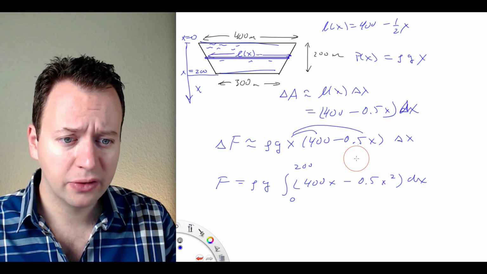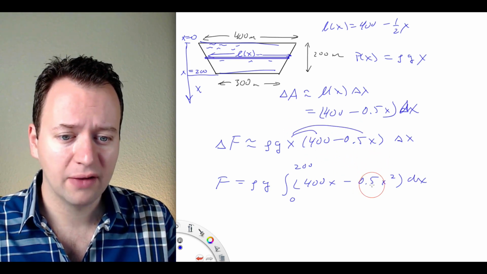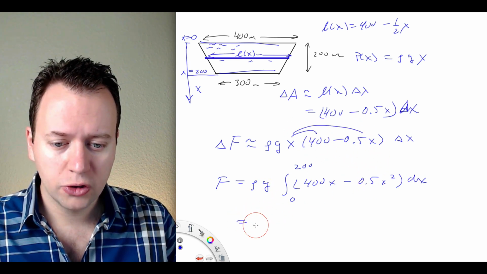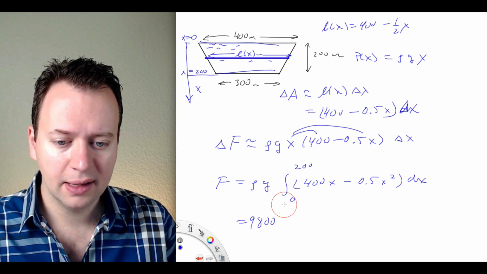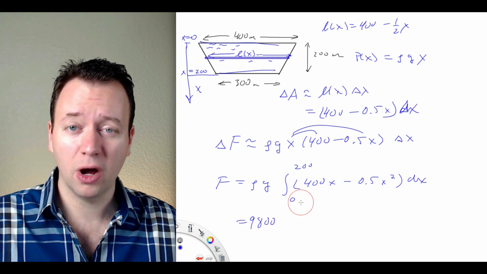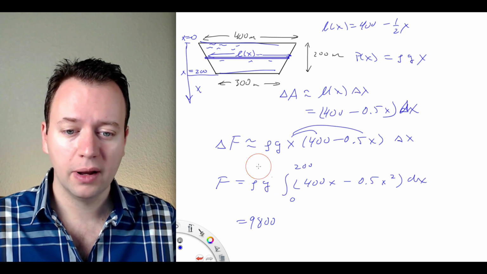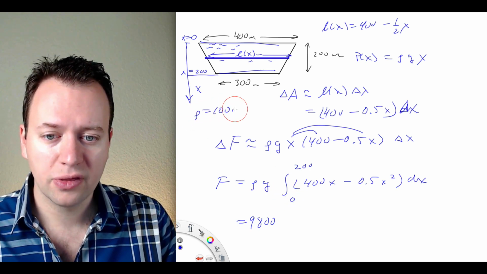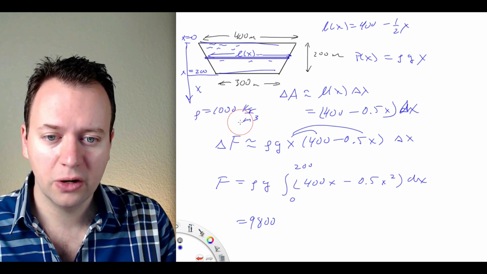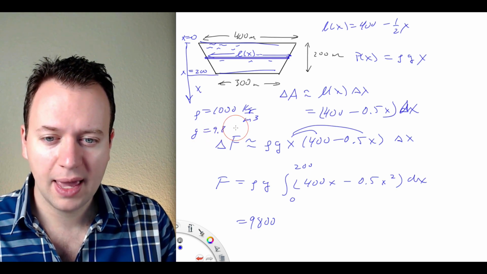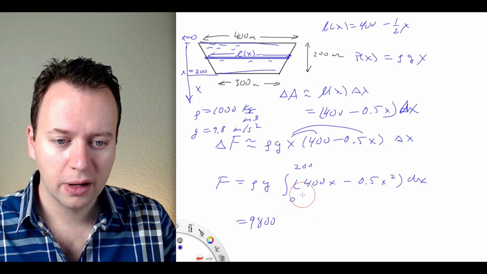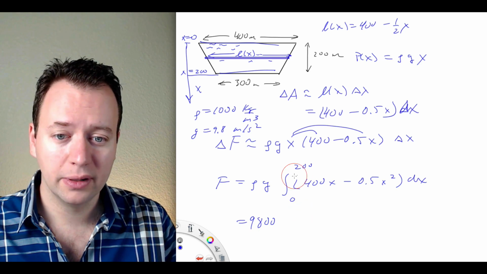Here I factored in the x, so we get 400x minus 1/2 x squared. Rho g for SI units is 9,800. The density of water is 1,000 kilograms per cubic meter, and g is 9.8 meters per second squared, so we get 9,800.